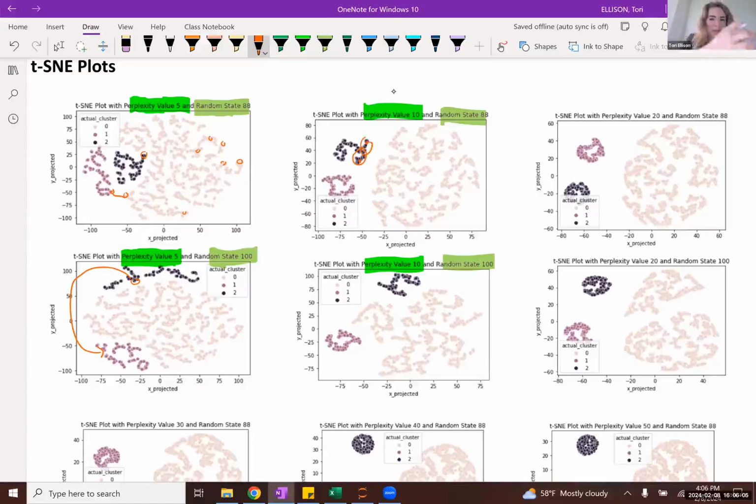So essentially, as we increase that perplexity value, what we end up seeing in the TSNE projections is this chain of nearest neighbors. It's forcing these nearest neighbor chains of observations to be closer to each other.